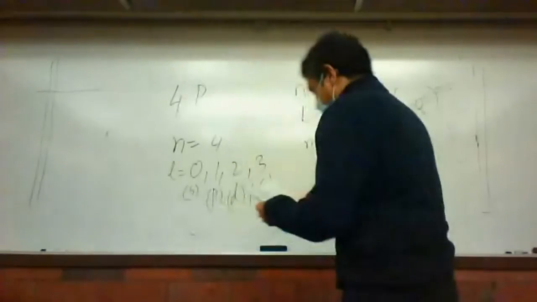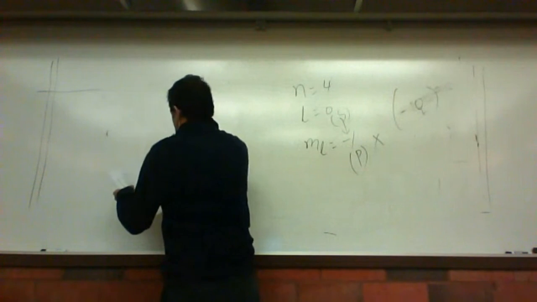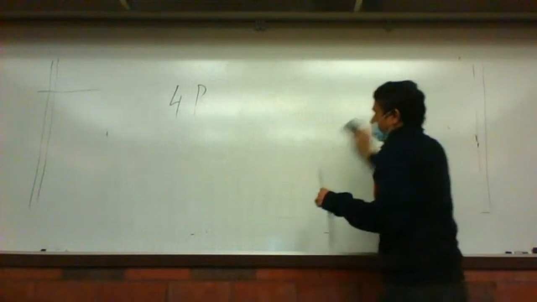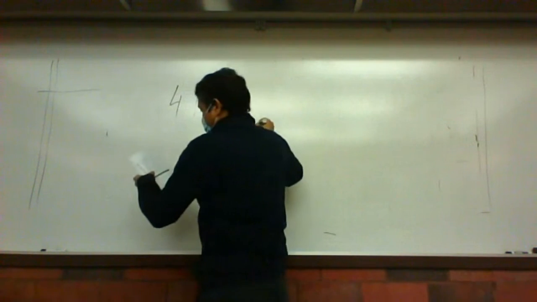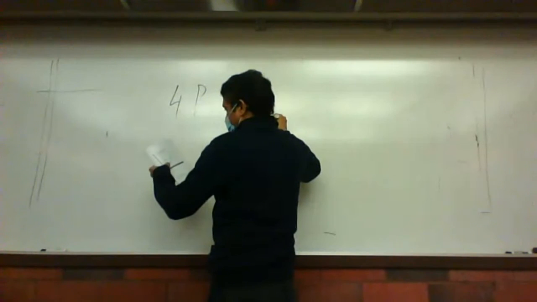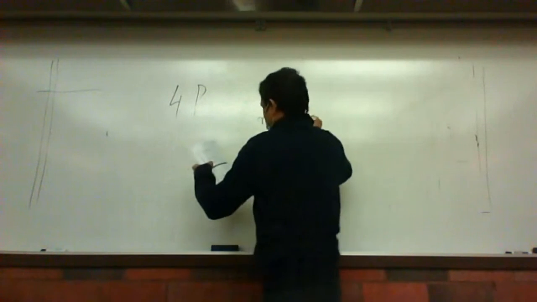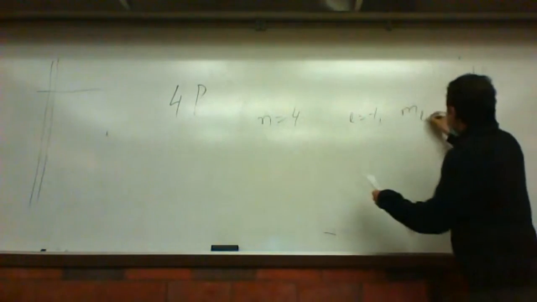So let's look at a good one. The good one here is B, and why it is good, I'm going to write here. For 4P, let's look at the set in B: n equals 4, L equals 1, ml equals 0.